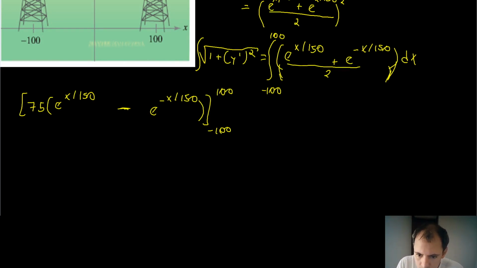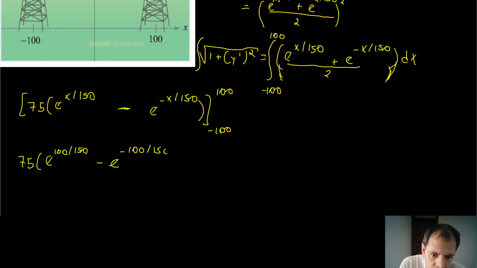So we're going to do 75 times e to the 100 divided by 150, minus e to the minus 100 divided by 150, and then you gotta do a minus, right, e to the minus 100 divided by 150.